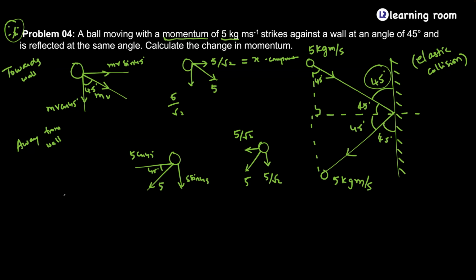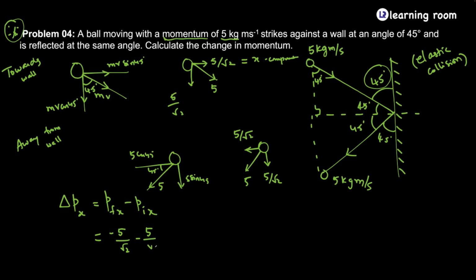Okay. So what is the change in momentum taking place along the x direction? It is going to be P final along x direction minus the P initial along x direction. So what is the P final along x direction? P final along x direction is going to be minus 5 by root 2, minus, what is going to be the P initial along x direction?